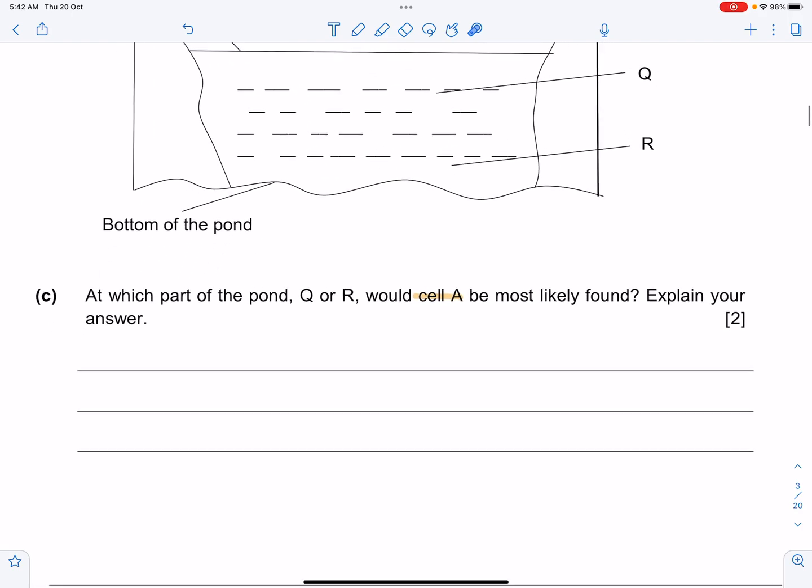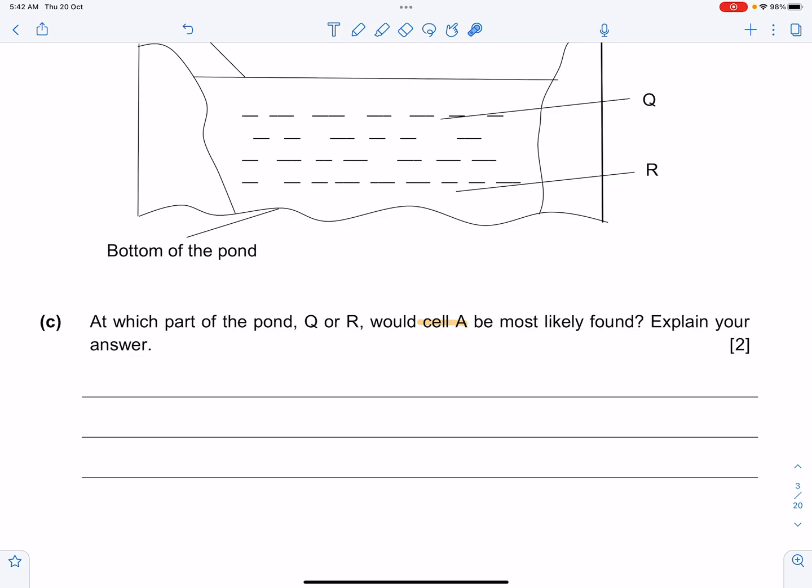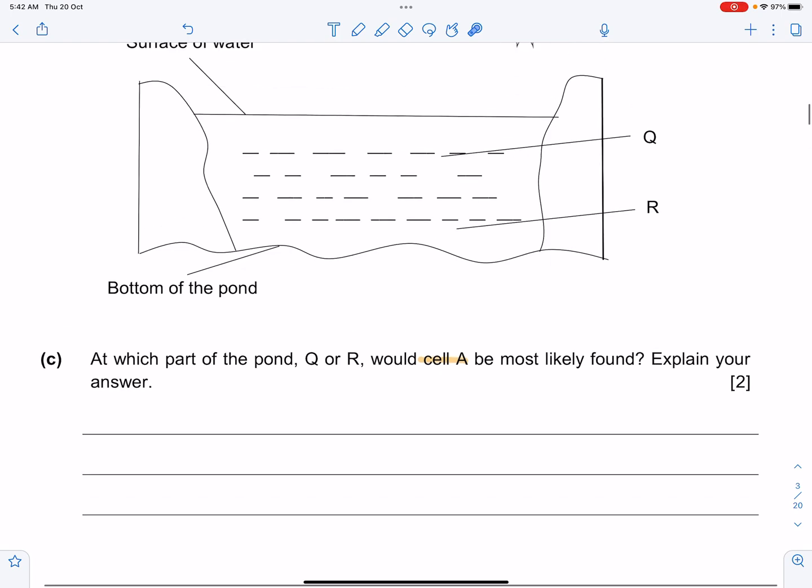Now, when it comes to crafting an answer, I just want to highlight a few things. Firstly, you cannot say that cell A will be at Q so that it can get sunlight, because over at R, you are not sure whether or not it receives sunlight at all. Saying that at Q it can receive sunlight is as if saying that at R you cannot receive any sunlight. So remember, this is a relative question.